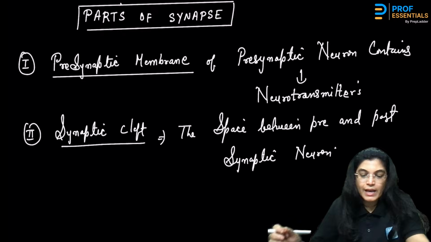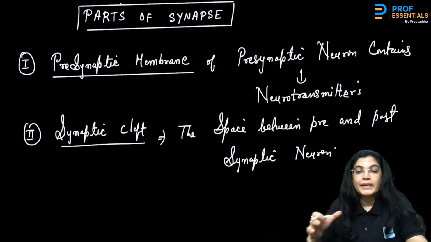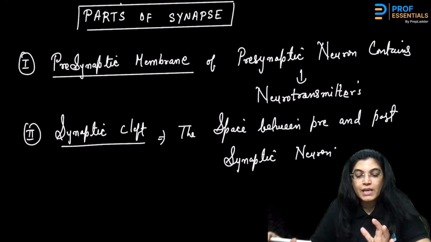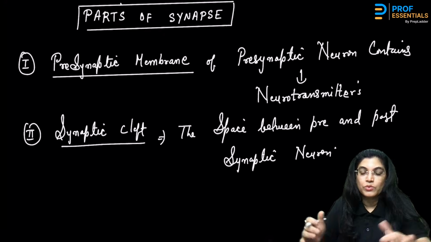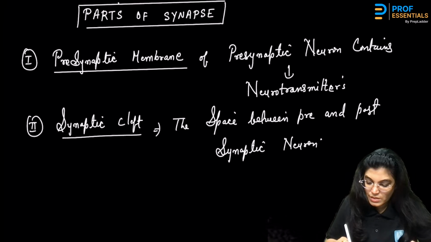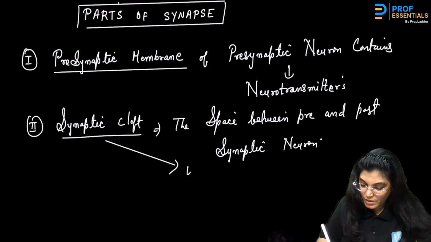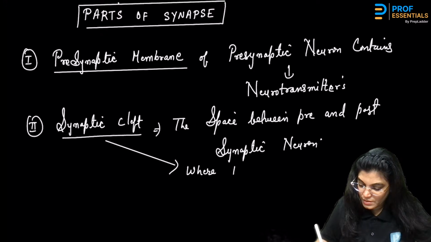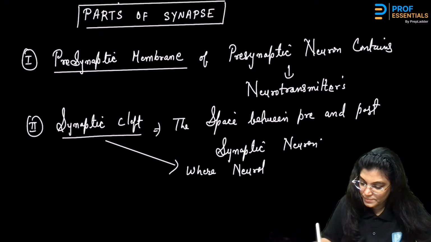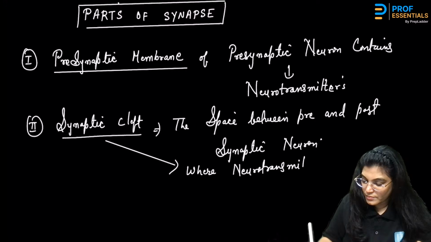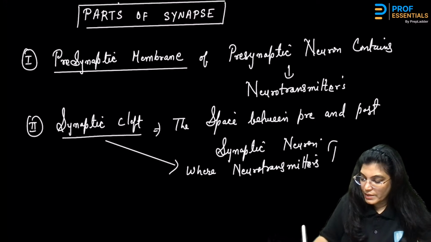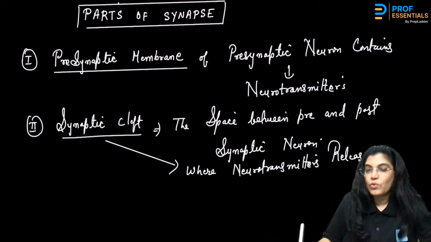What is it called? Synaptic cleft. So this is the area where the neurotransmitters are released. Okay. Now, what is the third part?